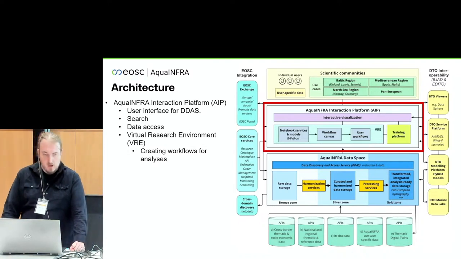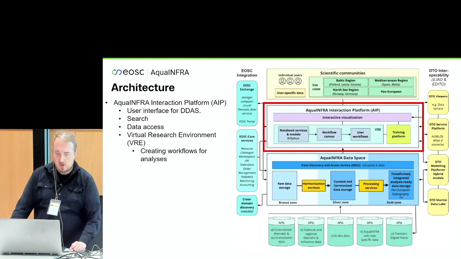And then we are also integrating these services to the EOSC services, and we are providing interoperability with the Digital Twins of the Ocean projects. And finally, we have the users as a scientific community, and we are aiming to provide scenarios for 4 different use cases.